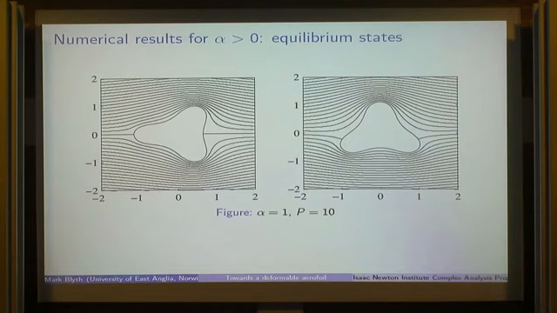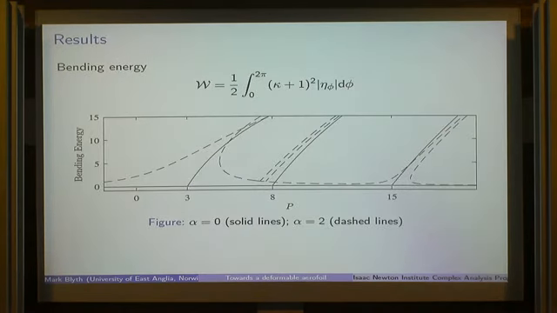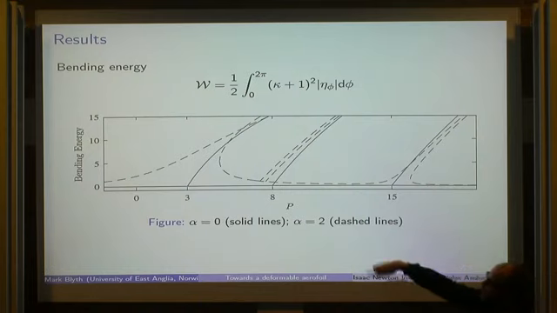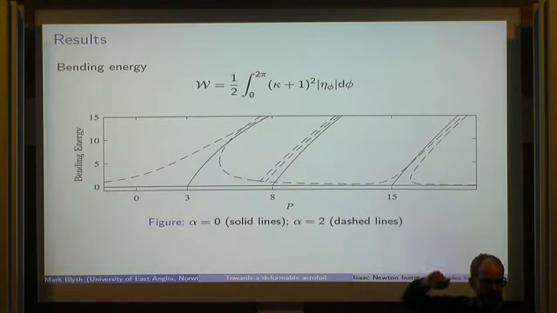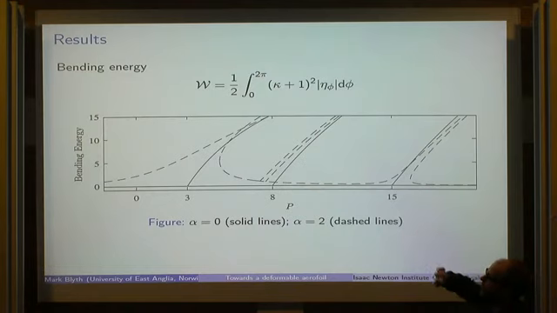Nonetheless, there it is. And here's a sketch of the bifurcation structure. The solid lines, and so that's capital P along the x-axis, the bending energy, that's the integral of the curvature squared around the boundary. It's a convenient measure. The solid lines here correspond to Flaherty's solution, the static cells.